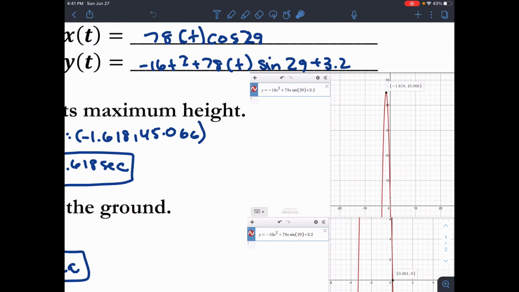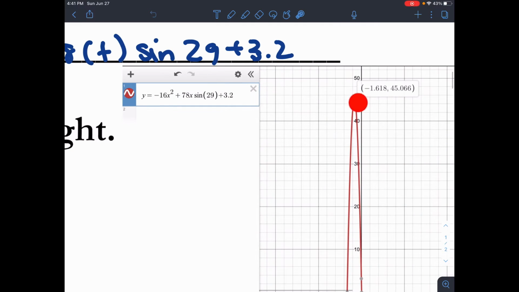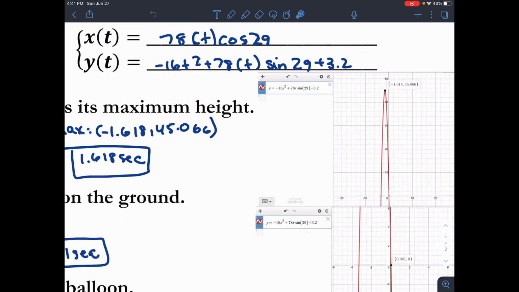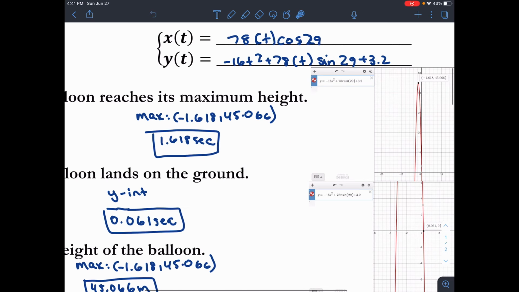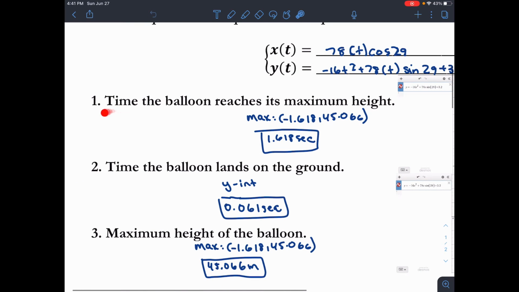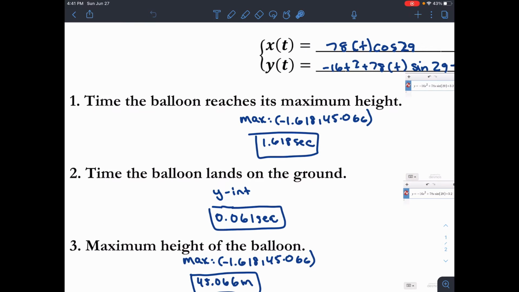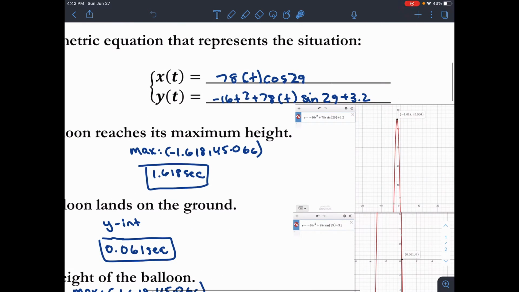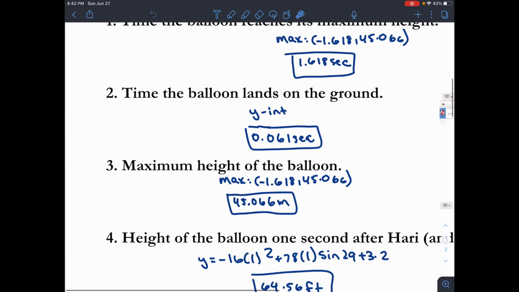As we can see, this is our maximum point, 1.618 and 45.066. This is asking for time, and time can't be negative, so we put 1.618 seconds because that is the maximum point of the y parametric equation.